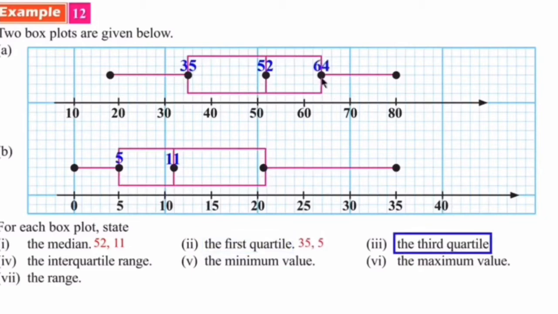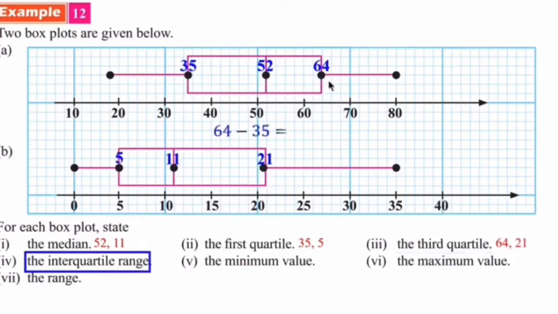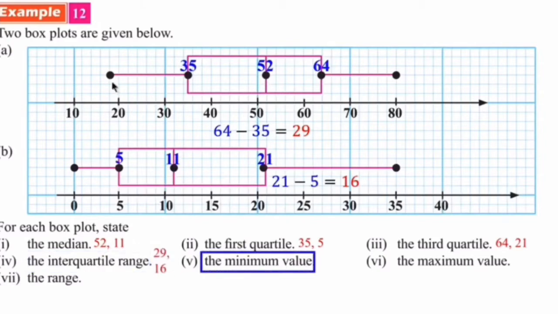Third quartile is 64 and 21. For the interquartile range, you just take 64 minus 35. For B, 21 minus 5, which is equal to 16.